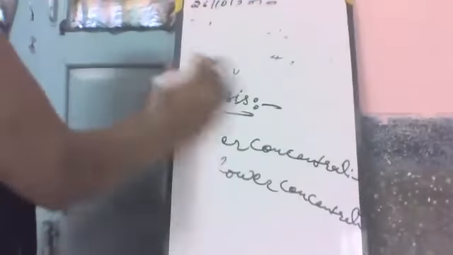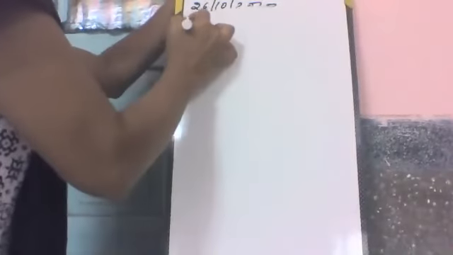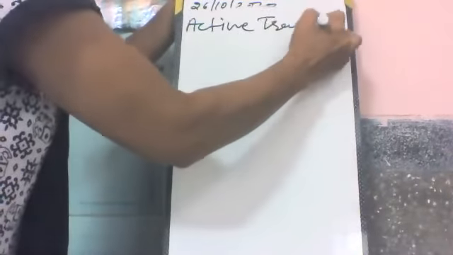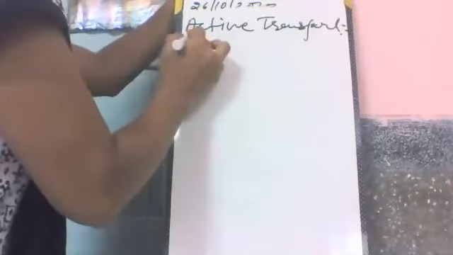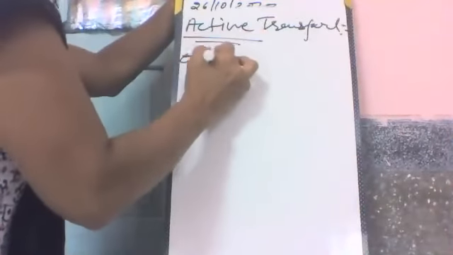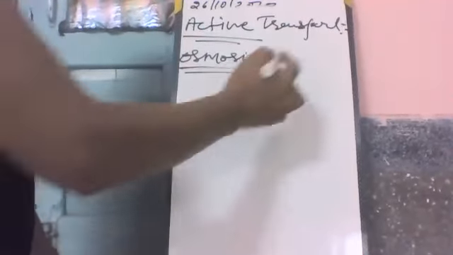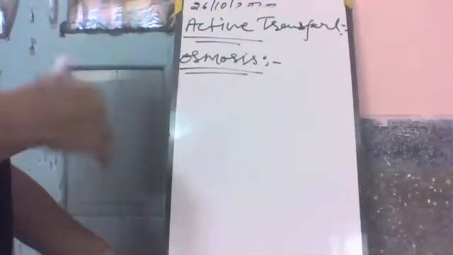Active transport. First is osmosis. There are two or three steps followed in active transport. Osmosis: water enters through osmosis.